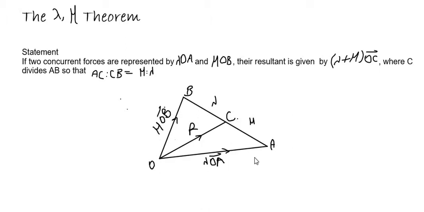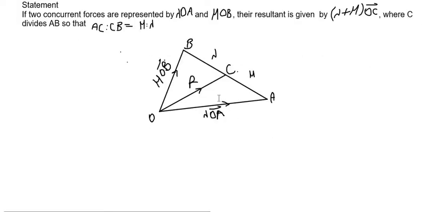One force is acting along OA and one force is acting along OB, and their resultant is given by this central line, which I have written as R. So we are interested in finding this R. This R is actually the resultant of these two forces, and I have represented one force by mu OB and the other force by lambda OA.